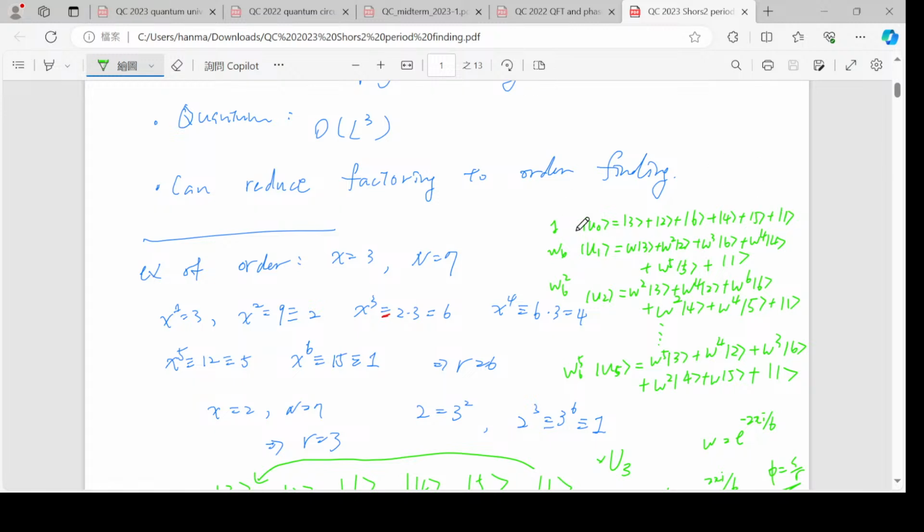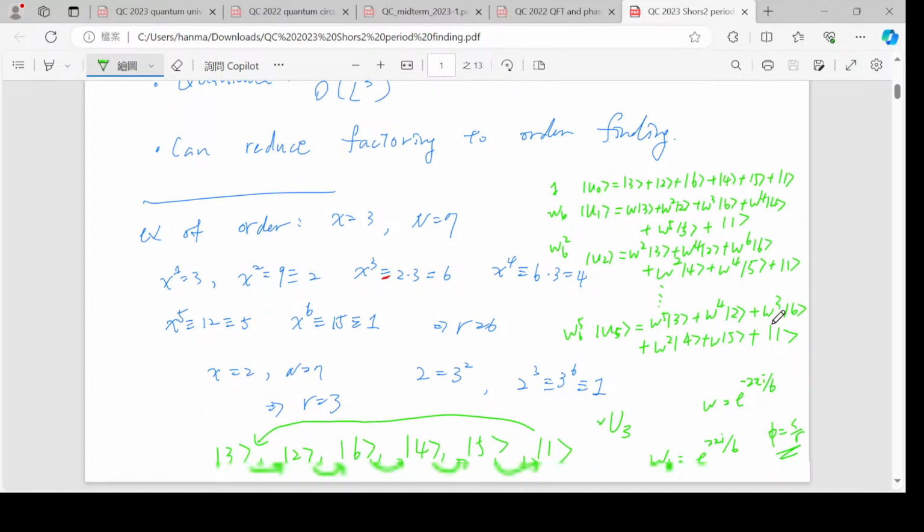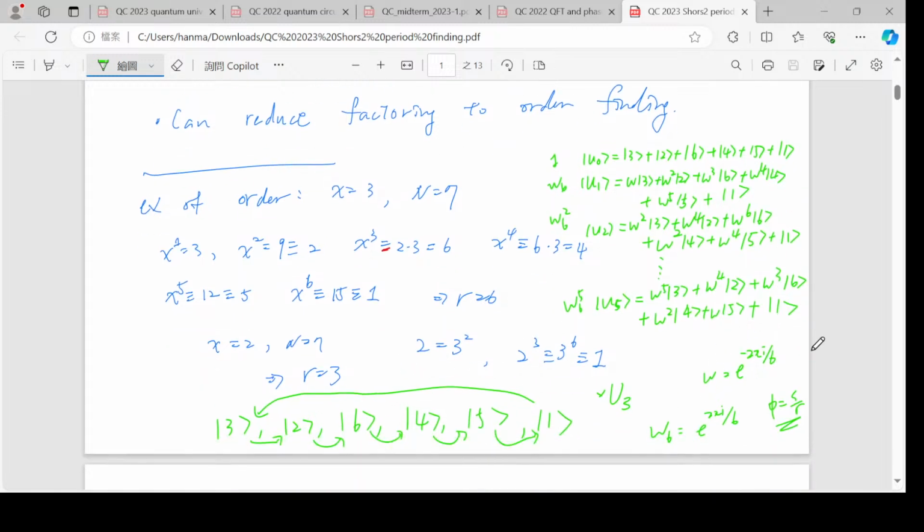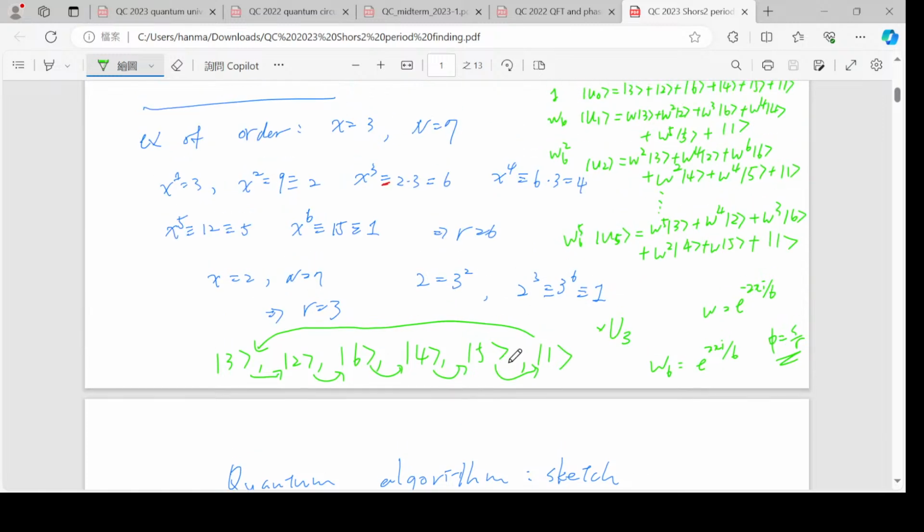But addition doesn't care about order, so it's still the same state. Or you can apply some omega before those states, where omega is e to the 2 pi i divided by the order R. And so you have those u_0 to u_{R-1}.